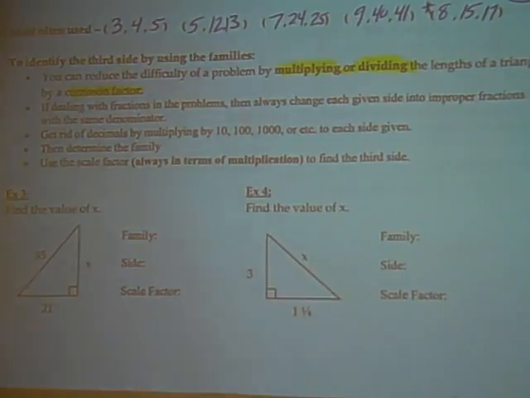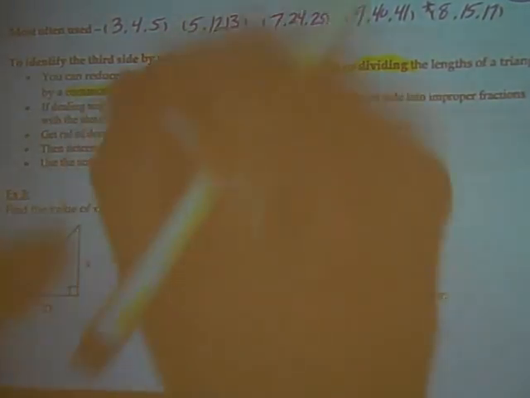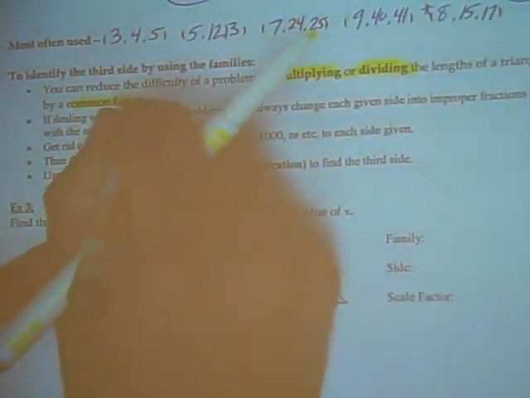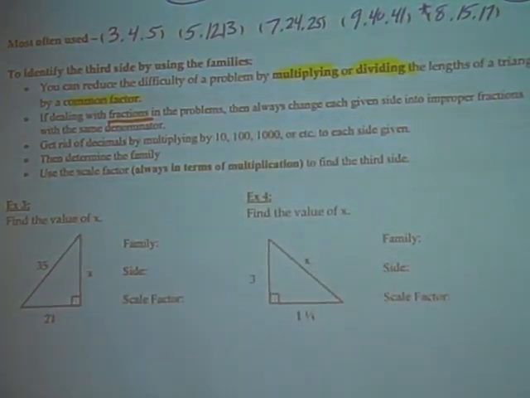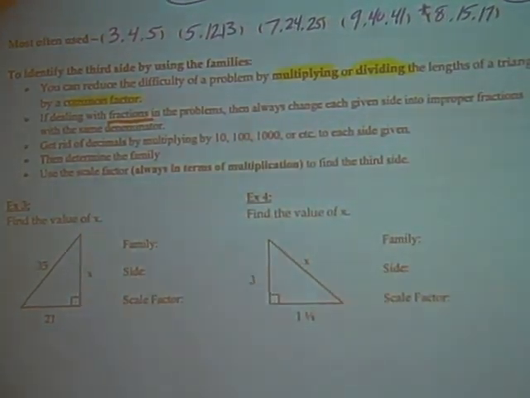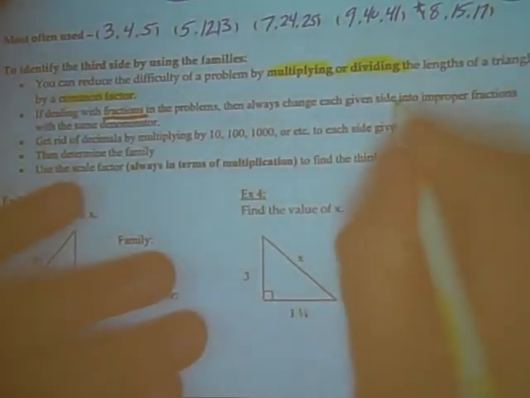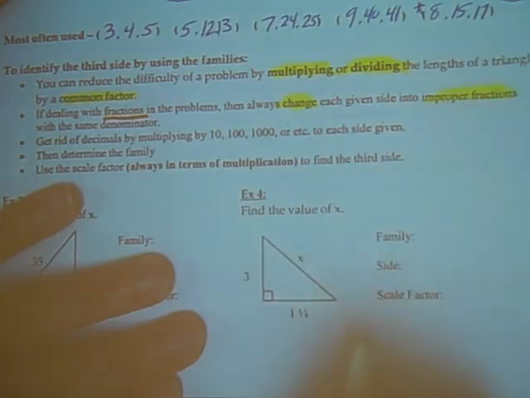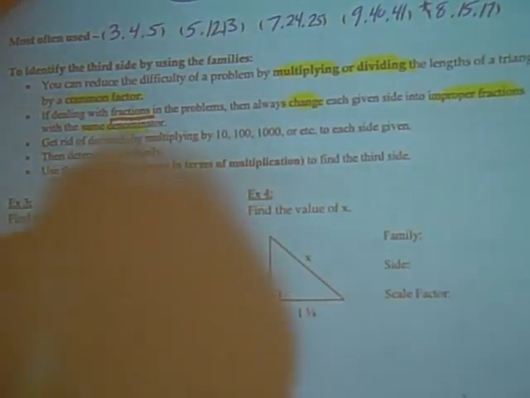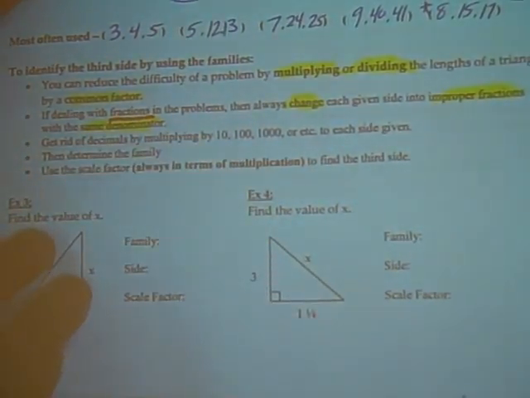If we have a fraction problem, and we know these scare us, then we always change each given side into an improper fraction with the same denominator. That's the bottom number.